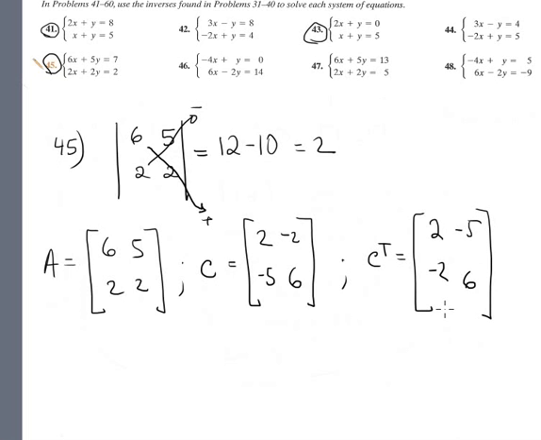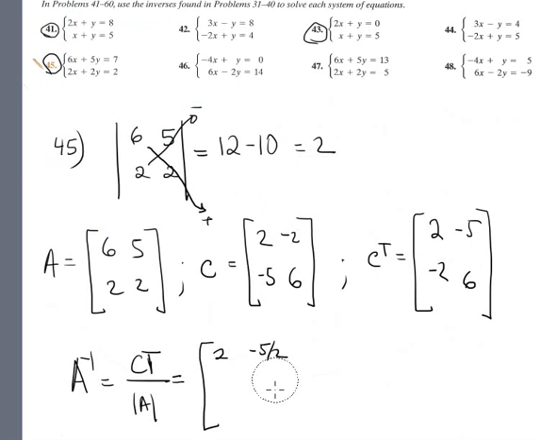Good. And the inverse matrix is the cofactor transpose divided by the determinant of A. In other words, this divided by 2. So it's 1, because 2 divided by 2 is 1, -5 over 2, -1 and 3.